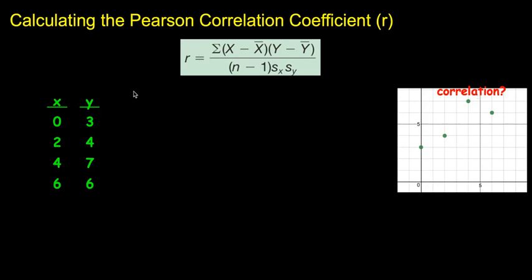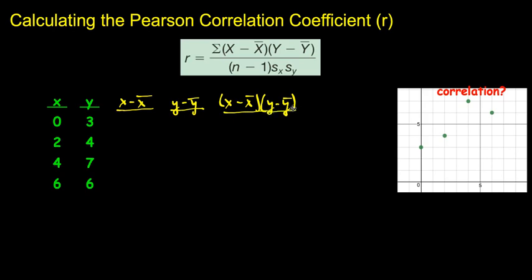So the first thing we need to know is the means for the x and the y. I'm going to make a column that's the difference of each x value from the mean, just like we did for standard deviation. And I make a column for each y value minus the mean. And then we're going to multiply those together, each x value minus the mean times each y value minus the mean.